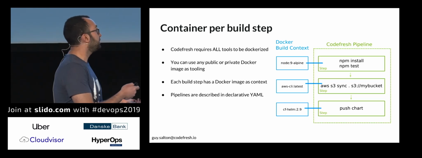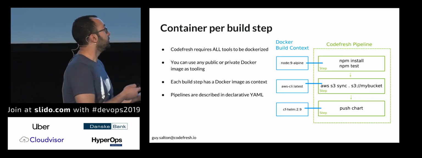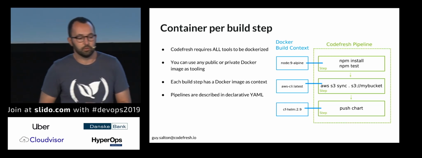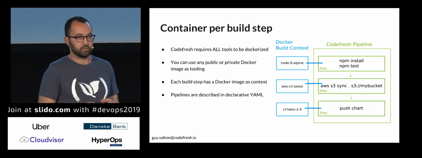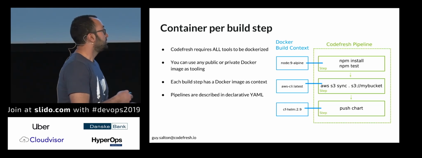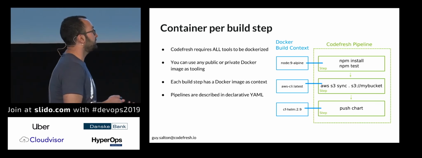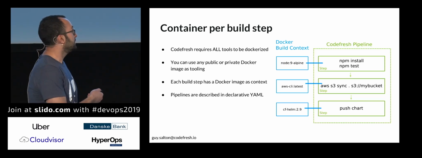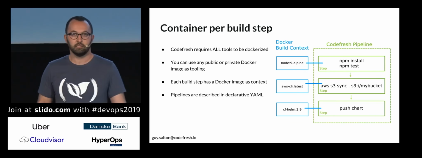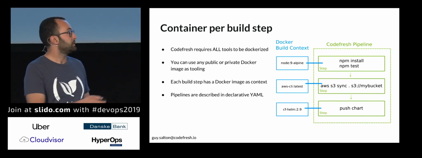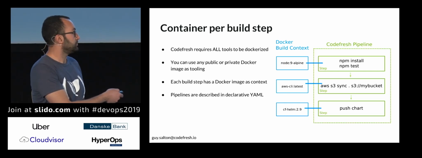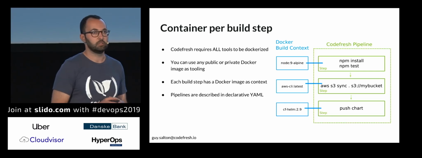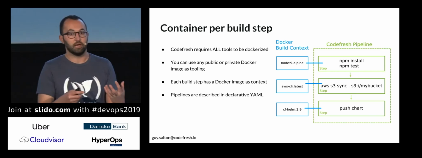Then for this step, I can use the node 9 Docker image, the official Docker image for this that already has node running on it. For the second step, let's say I want to store some test artifacts in my S3 bucket in AWS. I can use an image that has the AWS CLI running on. And last, maybe I want to use Helm to push my chart. Then I can find an image that has Helm installed on. And we're going to see demos and see how this is running in action.